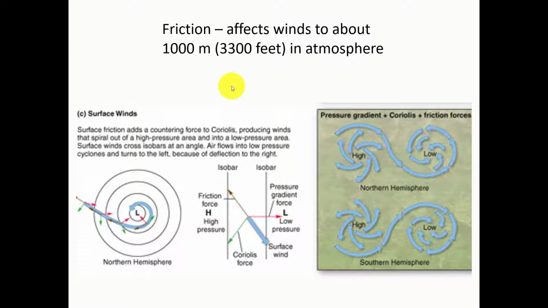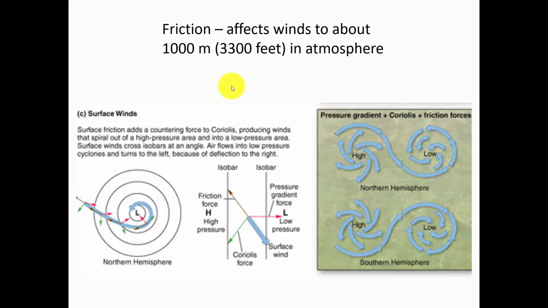So of the three factors that contribute to wind, friction is the force when things are impeding or rubbing up against each other. And so friction applied to your car brakes is what makes your car stop. Friction, if you rub your hands together very quickly and they get hot or warm, that's because of friction.